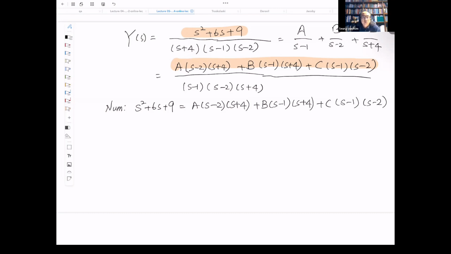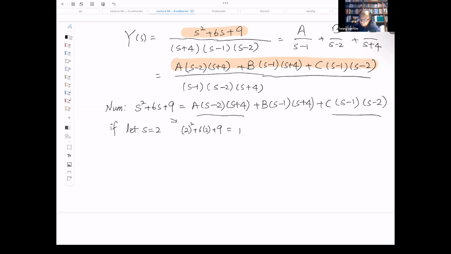When we work on this partial fraction, we can expand every single term, collect the s squared terms from the right-hand side and compare with the left-hand side, which is 1. Then expand everything and collect all the s terms, compare with the left-hand side, which is 6. We can do that. However, there is an easier way. If I let s equals 2, then the left-hand side is 2 squared plus 6 times 2 plus 9.